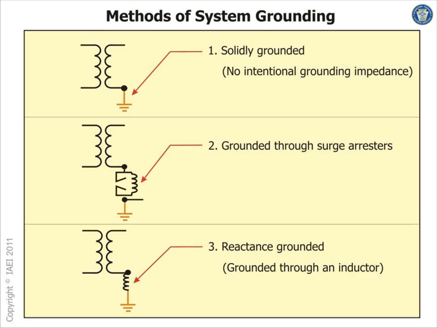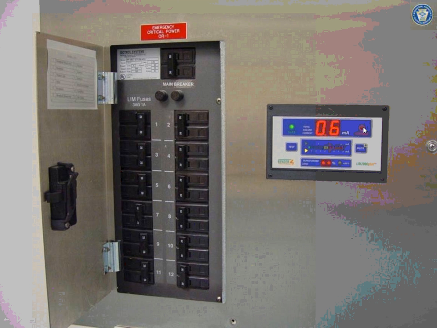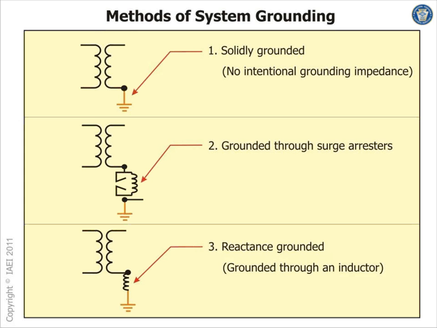If your system is ungrounded, you're also required to monitor the line to ground, so you can alarm if you have a ground fault, for reliability reasons. So you can assign your maintenance group to go on a Sunday night and fix that problem. So you have to monitor the line to ground.